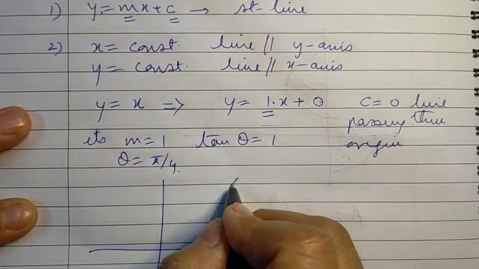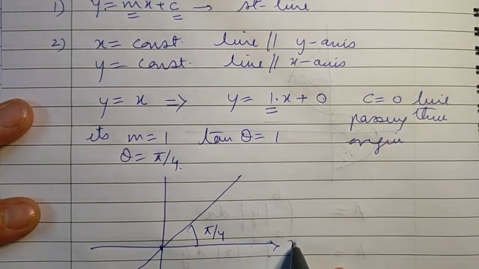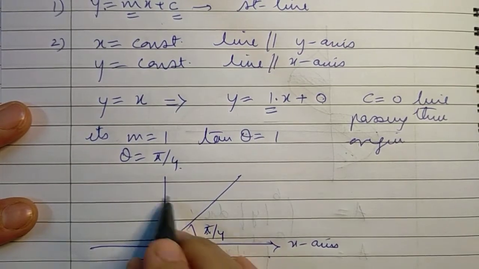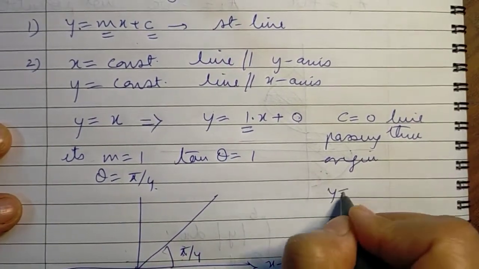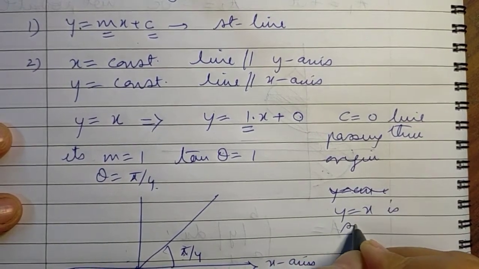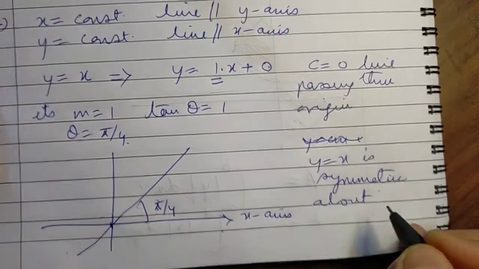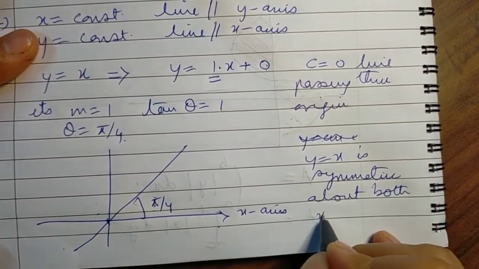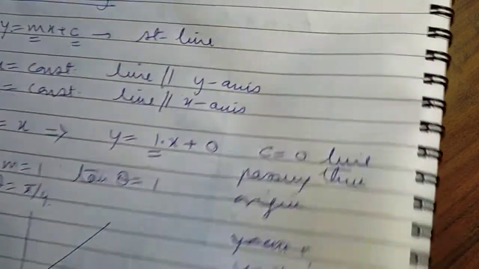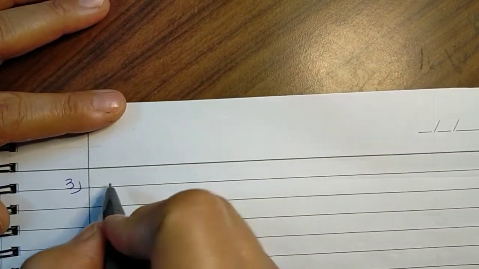So it's a straight line making an angle pi by 4 with the x-axis, and so y equal to x is symmetric about both the x-axis and y-axis.